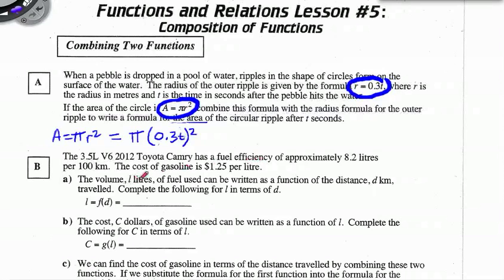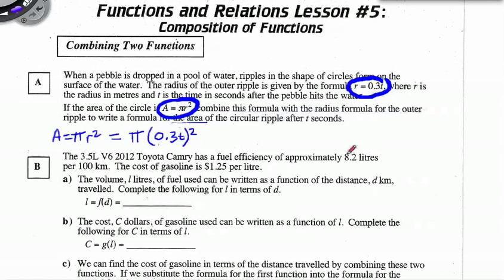The volume of liters of fuel used can be written as a function of the distance. Okay, how many liters equals something incorporating the variable d? L equals so many d, in other words.